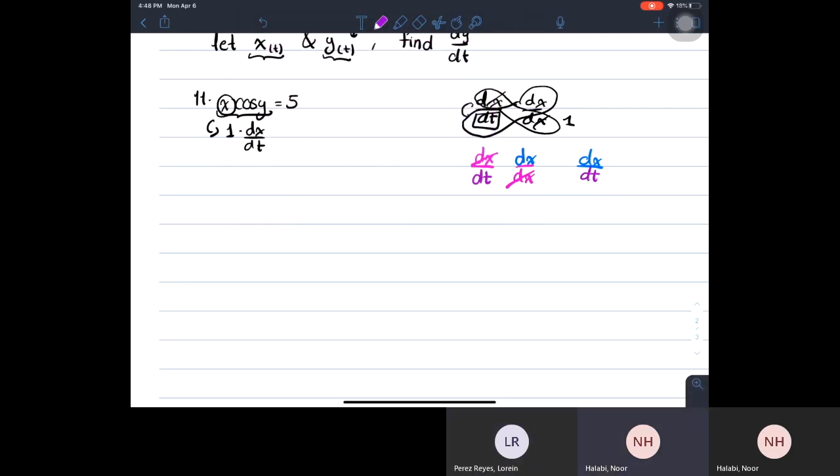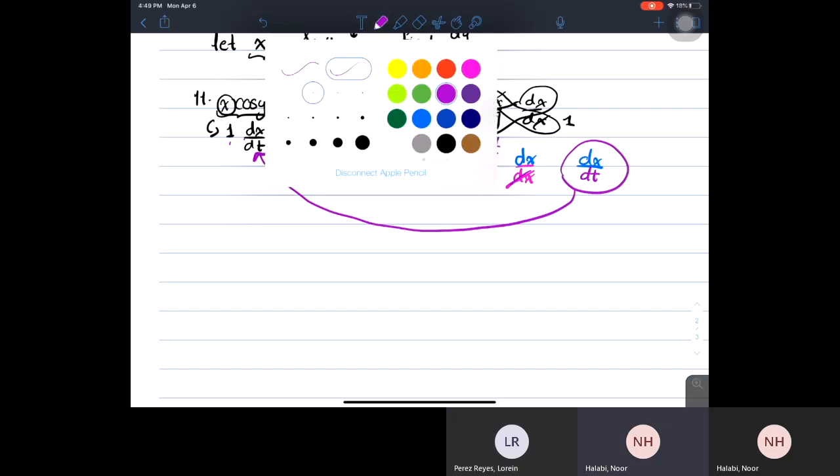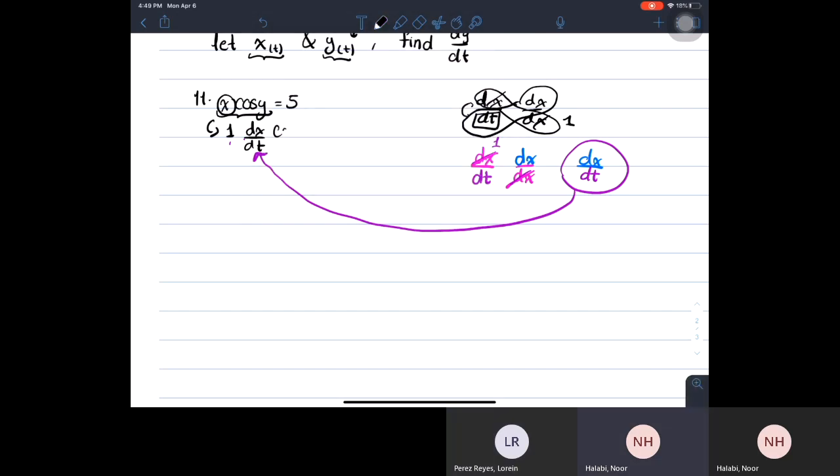Do you see what I did there? Exactly. So now this dx dt, I just write right here, times 1, because when you cross out the top and the bottom you end up with 1. So this part is done, but we still have to multiply it by cosine y, because this part stays the same.